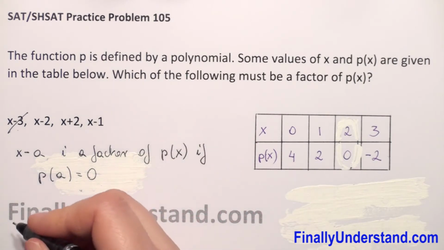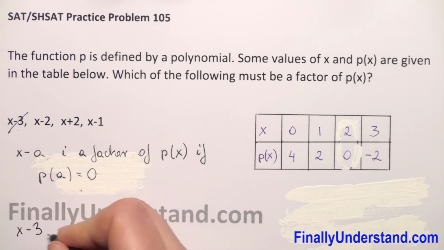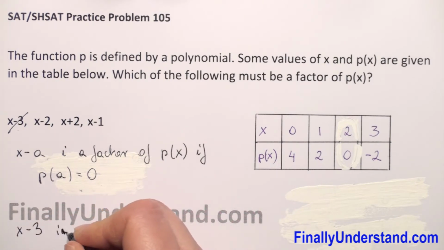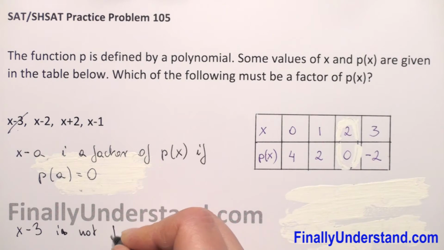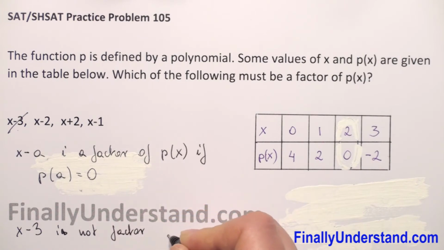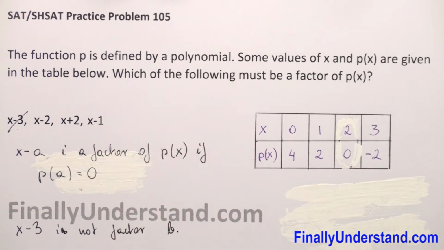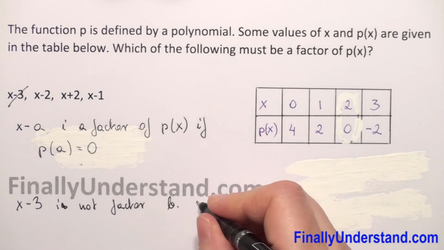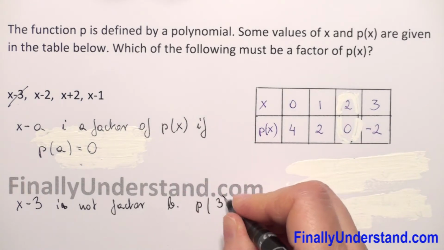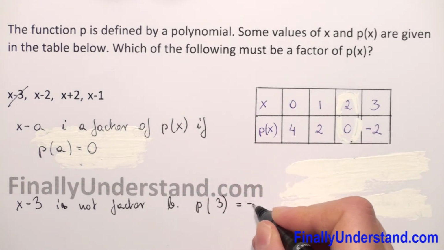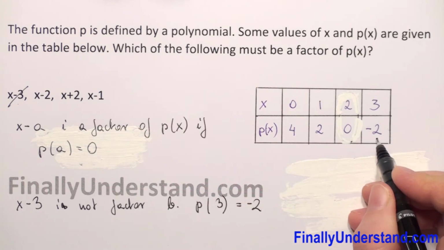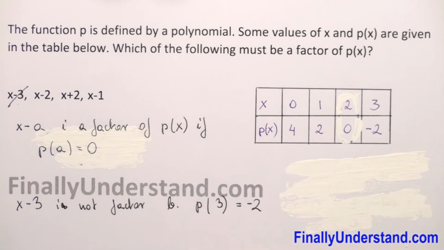Because x minus 3 is not factor because p of 3 is equal negative 2. Should be equal 0.